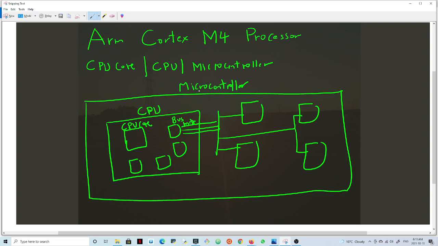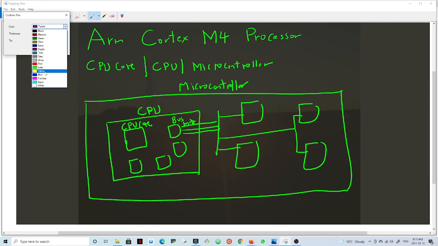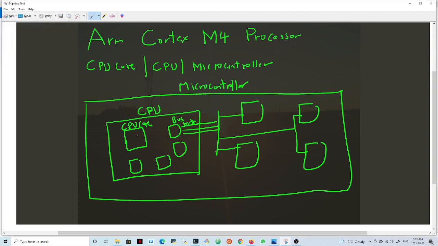All right. So this core here has registers. These registers are non-mapped registers.